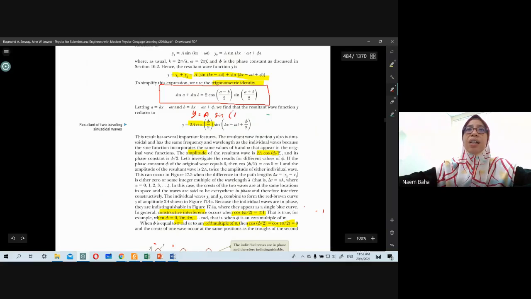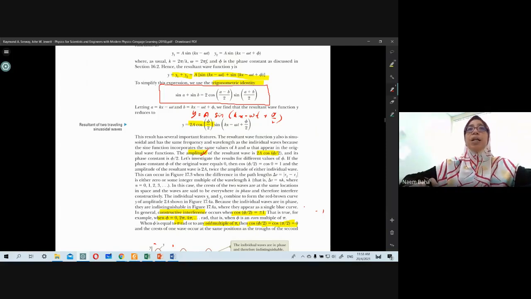A sin(kx minus omega t), and this is the function sin(kx minus omega t). I forgot about the phase difference, and in this case we have a phase difference phi. Therefore 2A cos(phi/2) is the amplitude.